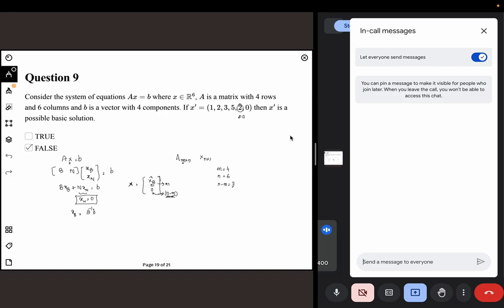Then we understood how to identify whether a particular value will be a possible basic solution. Again, just to emphasize here, it's not just because 2 is not equal to 0. Maybe it would be better if I say that at least 2 elements should be 0, but I have only one.